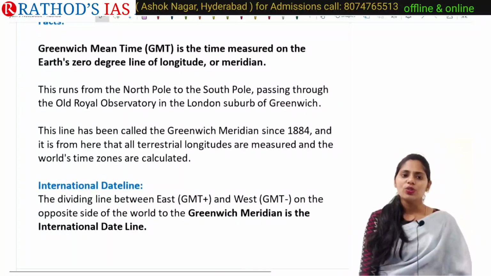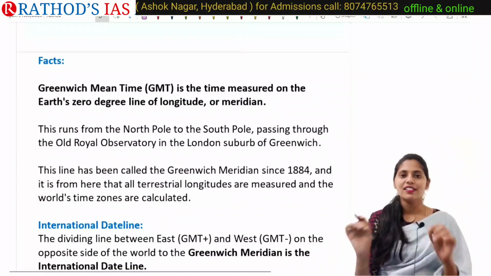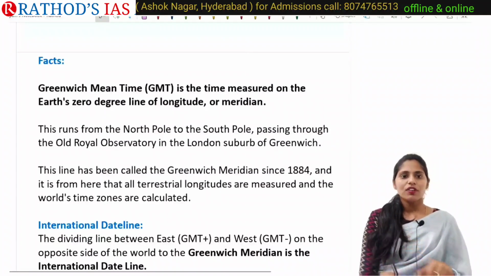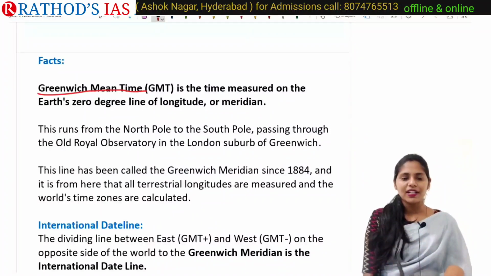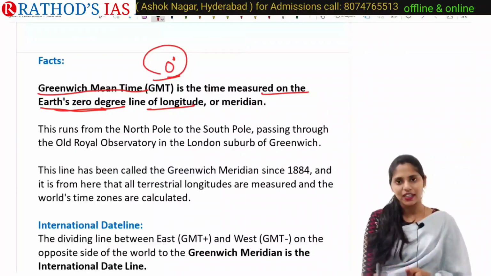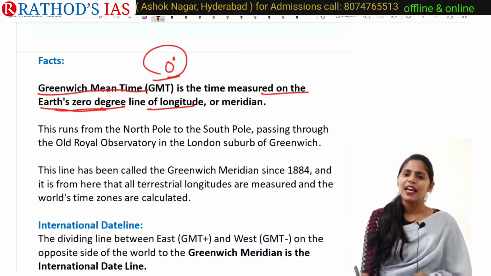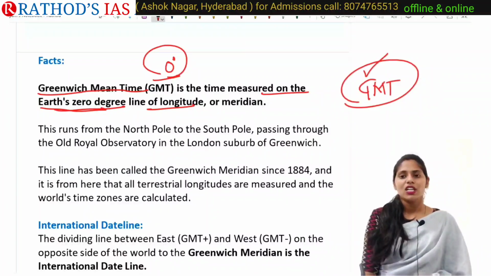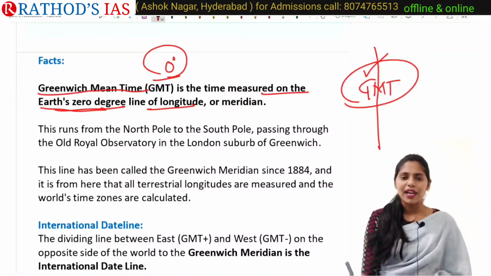Now let us try to know some important facts regarding the international dateline. Greenwich Mean Time, that is GMT, is the time measured on our Earth's 0 degrees line of longitude, the Greenwich meridian.